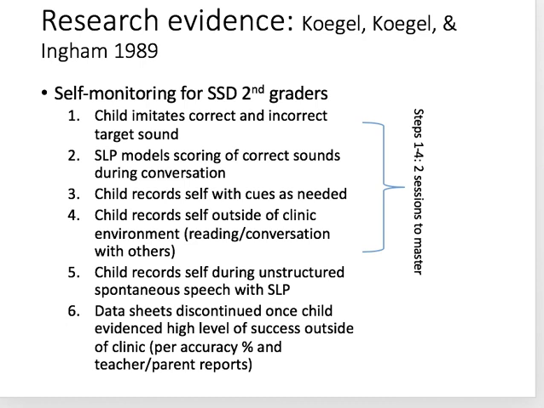First, they started by having the child imitate correct and incorrect target sounds. Then the SLP modeled how you would score those correct sounds during conversation. Then the child records themselves with cues as needed. And then they record themselves outside of the clinic environment, like when they're reading or in a conversation with someone else.